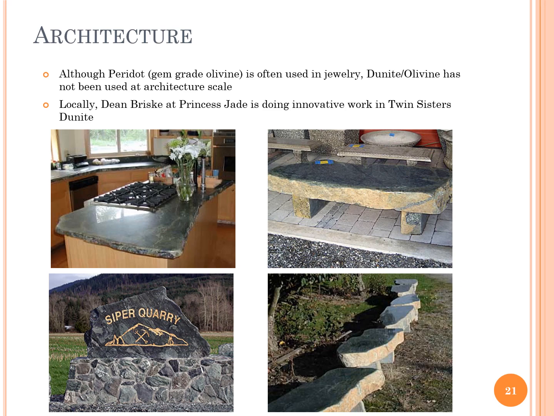But some of the industrious members, including Dean at Princess Jade in the past, have done innovative things, including countertops. There's a number of wonderful Dunite benches that you can still find at various shops around the Northwest and Bellingham area, and signage and things. It makes really a lovely stone. It's coarse and crystalline, as we mentioned, so it has wonderful optical properties.